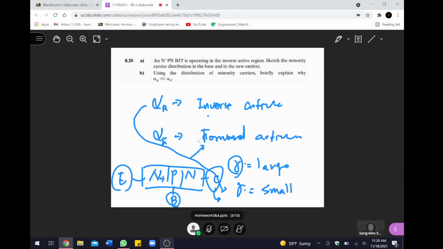That is the reason that when you compare alpha F and alpha R, alpha F is going to be large. So the correct answer is related to the doping concentration difference: the emitter side is much more highly doped compared to the collector side.